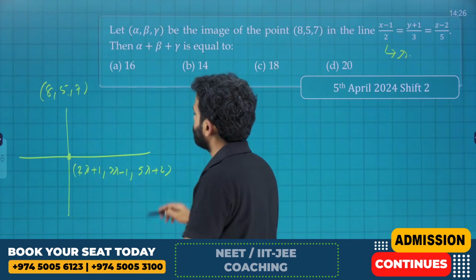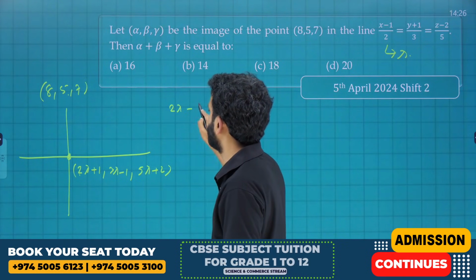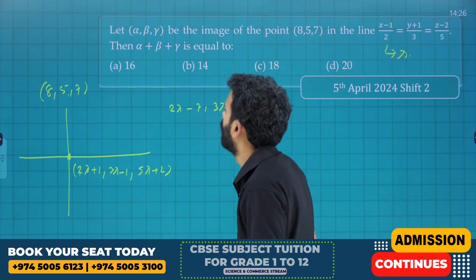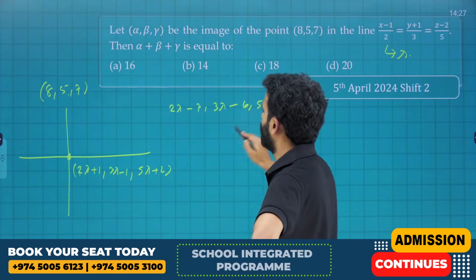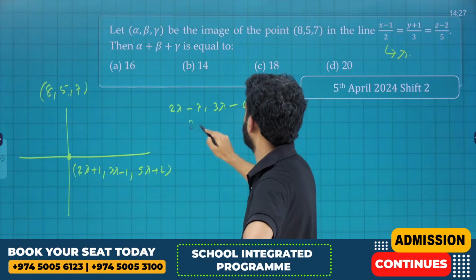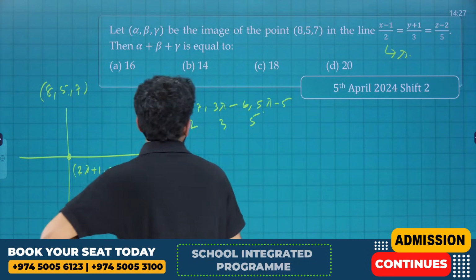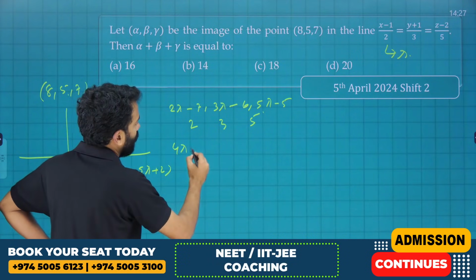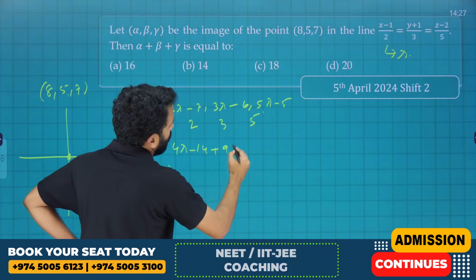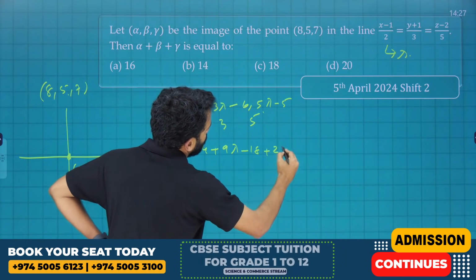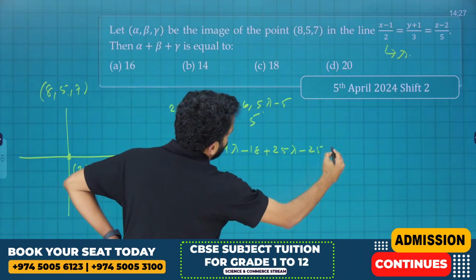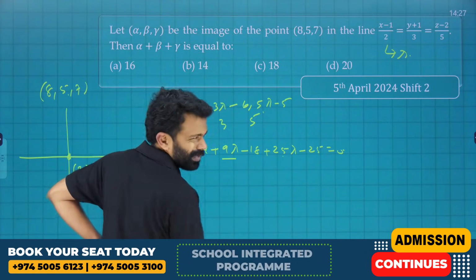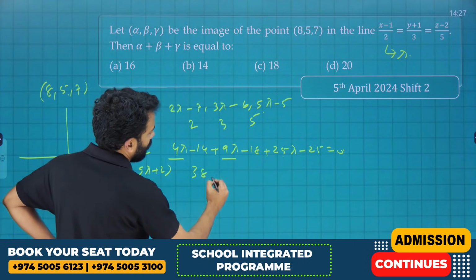So 2 lambda minus 7, 3 lambda minus 6, 5 lambda minus 5 and the direction ratios 2, 3, 5. That is 4 lambda minus 14 plus 9 lambda minus 18 plus 25 lambda minus 25 is equal to 0. 4, 13, 38, right? That is 38 lambda.